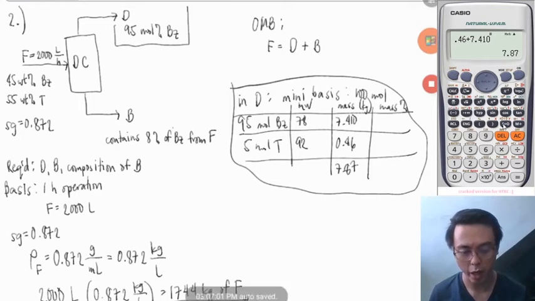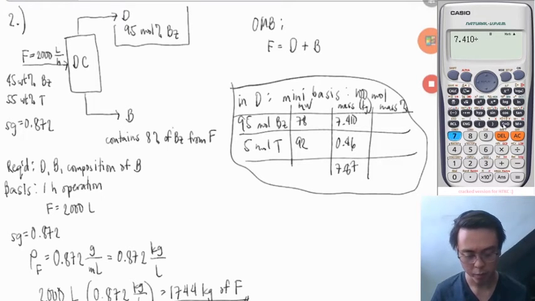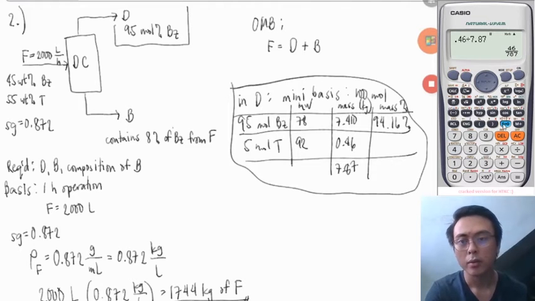And then you simply divide the mass of benzene to the total mass to get the percent by mass. So we have 7.410 divided by 7.87. That is 94.16%. And then for toluene, that is 0.46 divided by 7.87. Sorry, in percent, that is 5.84%.